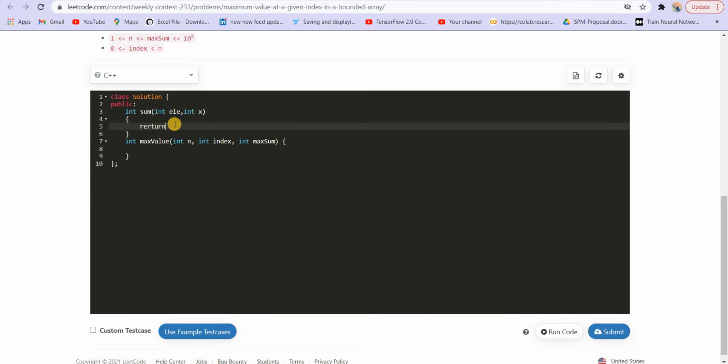I should use this formula: return x into I. What is I? I is the number of elements.